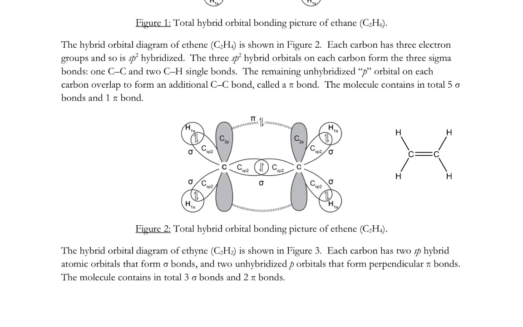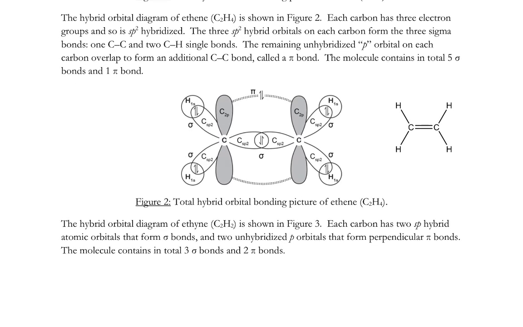In figure 2, we have the total hybrid orbital bonding picture of ethene, C2H4. What we have is 2 fewer hydrogens in our molecule, so for each carbon there's 1 less hydrogen. The Lewis structure of ethene is shown to the right.